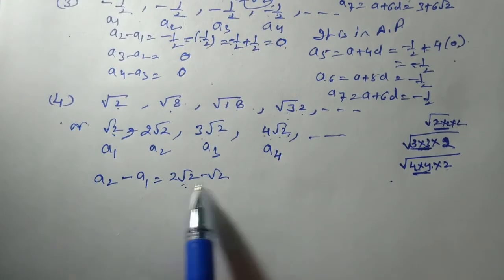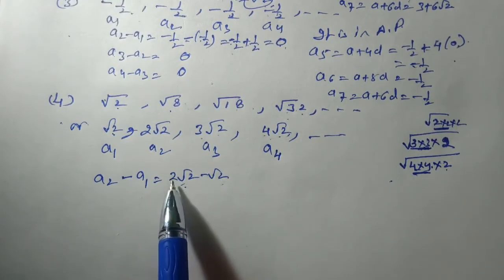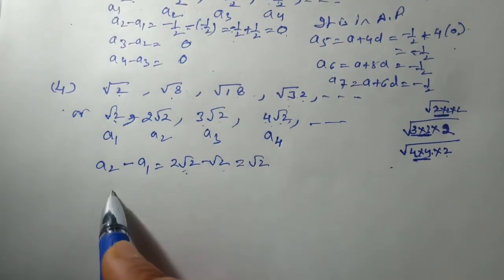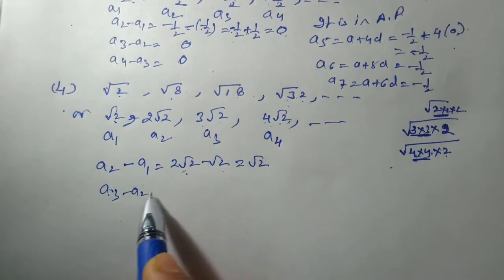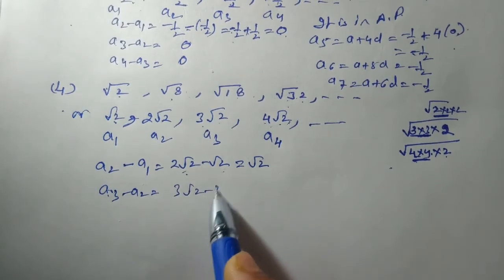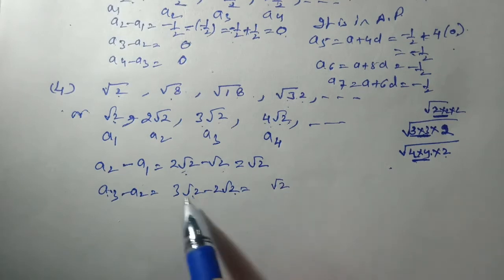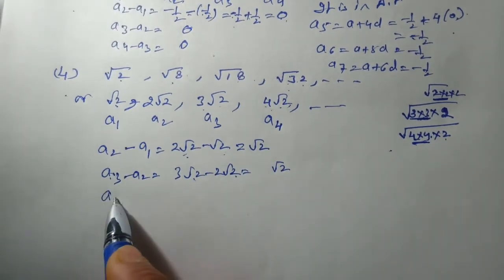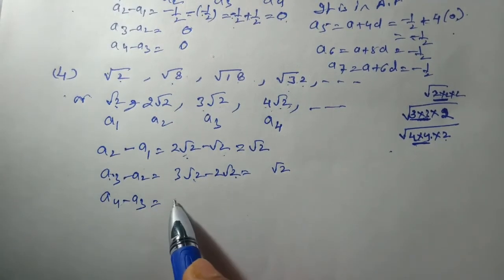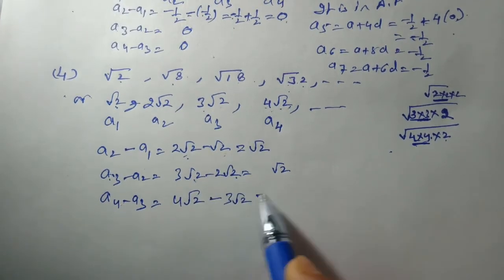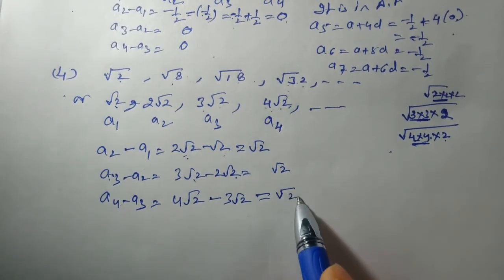Since both of them have the same root number, we have to subtract their coefficients. 2 minus 1 will give 1, so this will give root 2. A3 minus A2, 3 root 2 minus 2 root 2. Again both have the same root number, 3 minus 2 is 1. A4 minus A3 is equal to 4 root 2 minus 3 root 2, so again it is giving root 2.